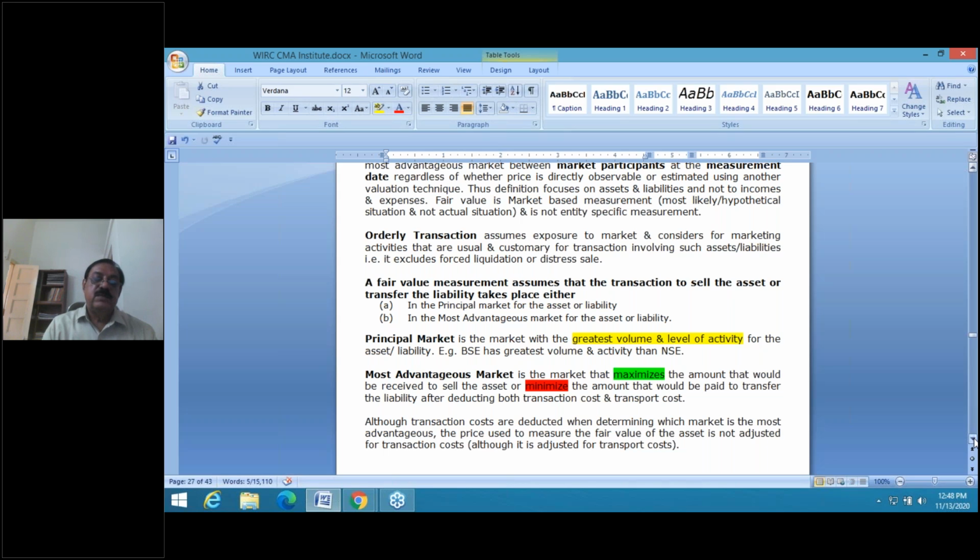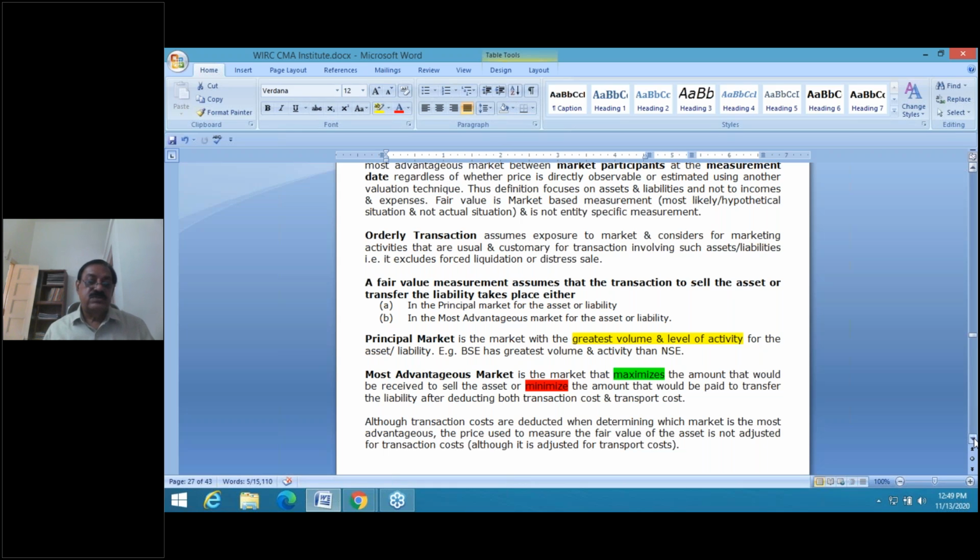Now what is the principal market? I have highlighted: it is the market with the greatest volume and level of activity for the asset or liability. For example, BSE has greater volume and activity than NSE, Bombay Stock Exchange and National Stock Exchange. So where there is a large volume of transactions, that is known as the principal market.